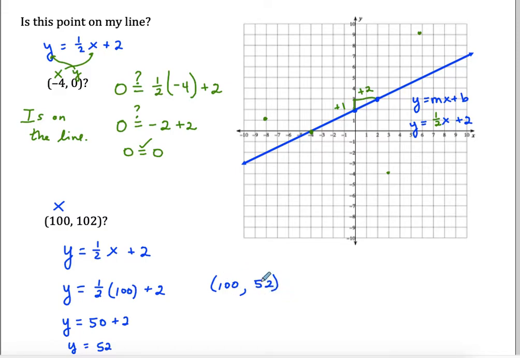Put in x, and out should come y. Well, is this the point over here? Is the y value 52? No, it's not. It's 102. So this point is not on the line, because the y value that corresponds to x equals 100 is 52, not 102.